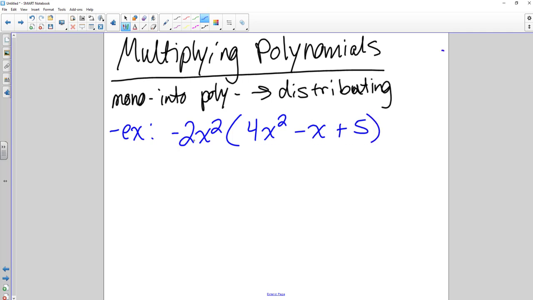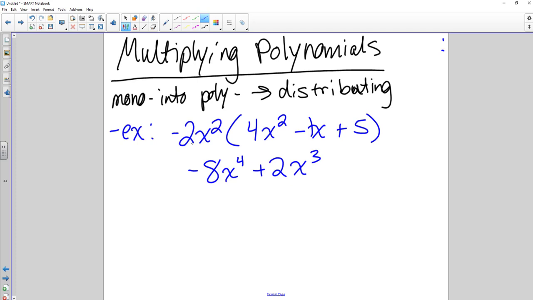So as I do negative 2x squared times 4x squared, multiply together the coefficients, and then x squared times x squared, this is using the product rule, this is going to be x to the fourth, 2 plus 2. Now negative 2x squared times negative x, negative 2, that's like a 1 there, negative 2 times negative 1 becomes a plus 2, x squared times x is x cubed.